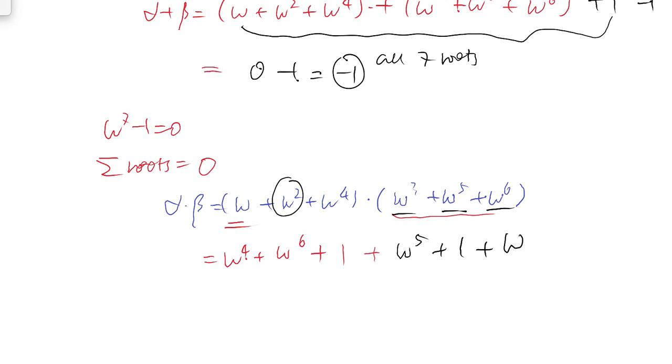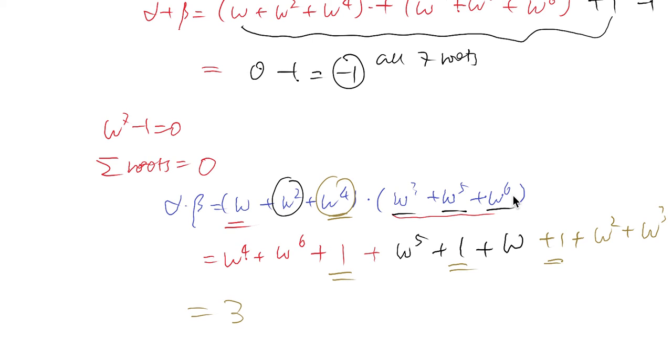And then in the end, we have w to the power of 4 multiplied by all of them. So 4 and 3, that's just 1 again. And then 4 and 5, that's 9. 9 minus 7 is w squared. And then 4 and 6, that's 10. 10 minus 7 is w to the power of 3. So how many 1s do we have? 1, 2, 3.